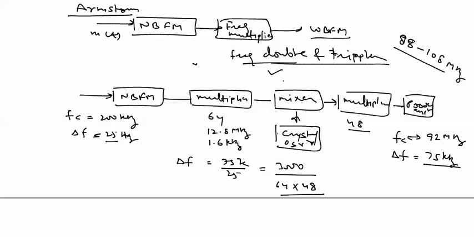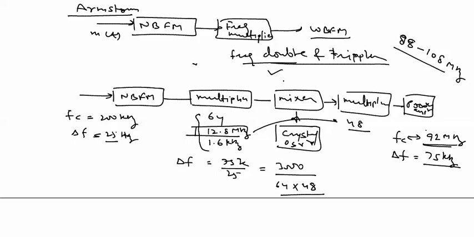Because multiplication is done in parts, and the carrier frequency increases by a large amount. At this point, the carrier frequency has increased by a large amount. If we now multiply by 48, it is out of range.